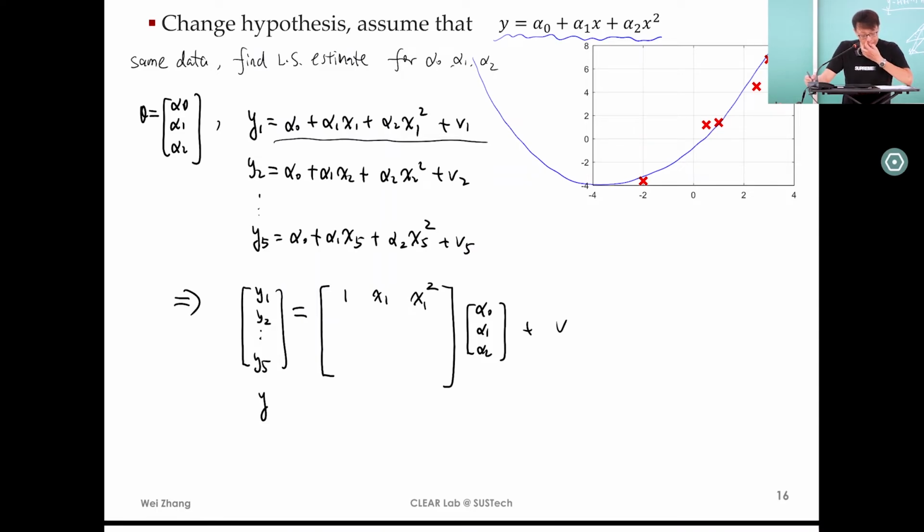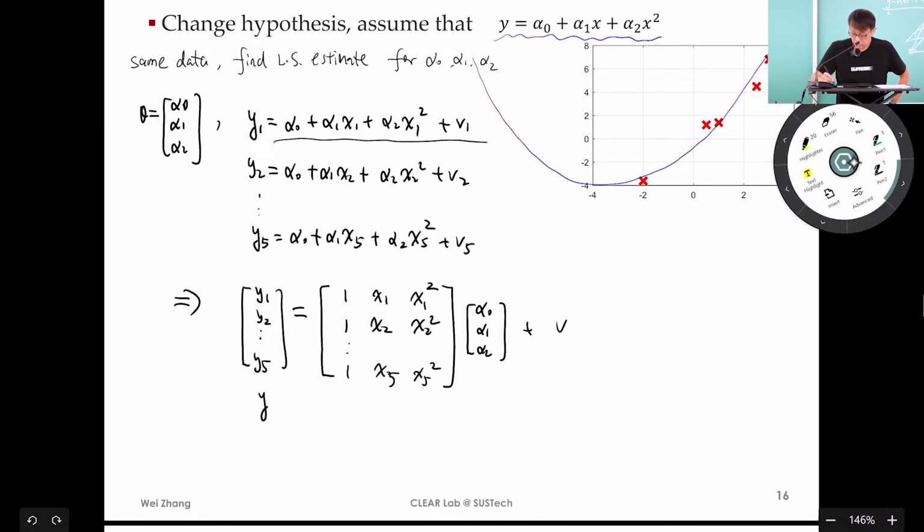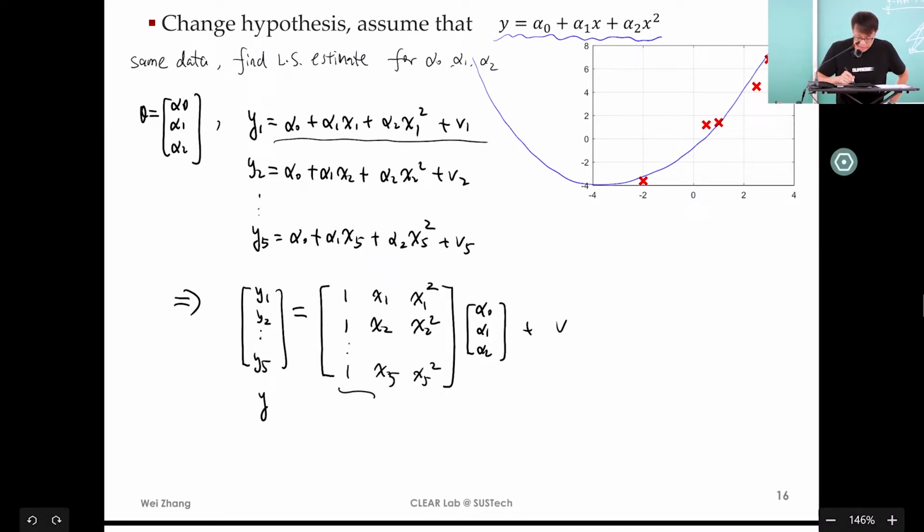What about the second row? 1, x2, x2 squared. The last one is 1, x5, x5 squared. Okay, that's it. So then this is our H matrix, times theta.